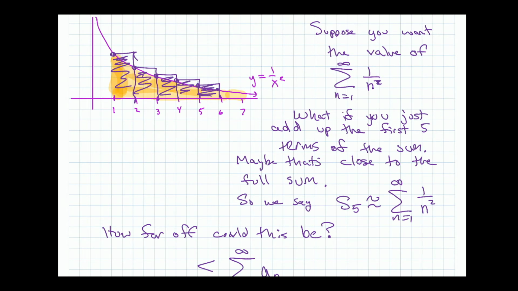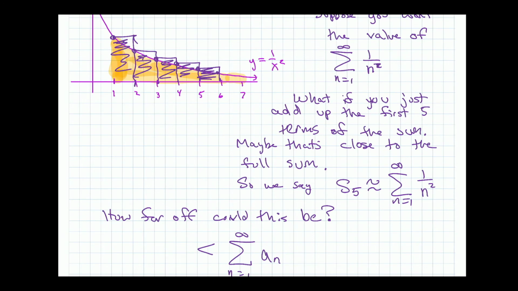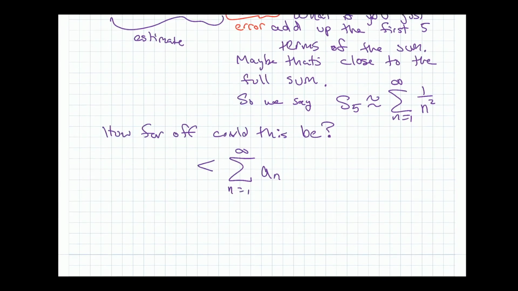Now, basically, the part that we didn't calculate is over here. So if this is our estimate, then everything that we didn't add up over here is the error, because we're stopping after 5. We're adding up 5 terms, and everything else that we were supposed to add is error, because it's supposed to be there and we didn't calculate it.